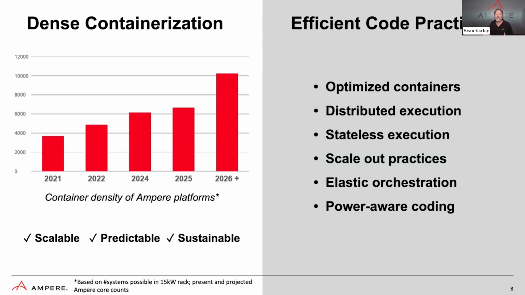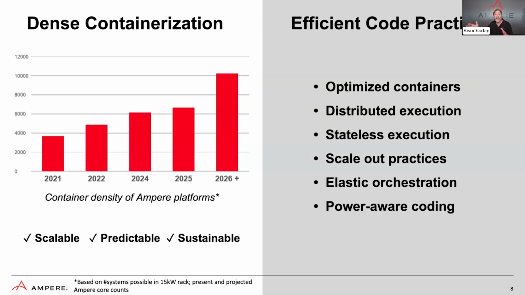If you combine that with efficient code practices, which we'll hear more of from Kate and Dor, optimized containers, distributed execution, stateless is a big thing, serverless, of course, is a thing, and scale out practices, you'll really get an effect that allows us to pack more processes onto efficient execution infrastructure from a compute perspective.